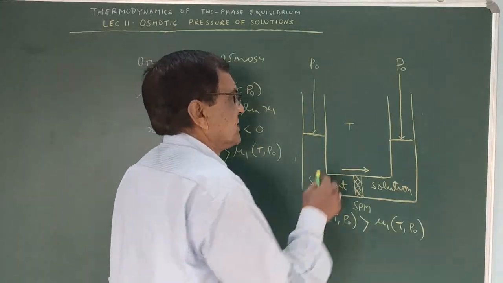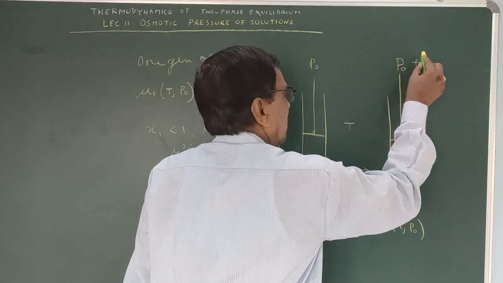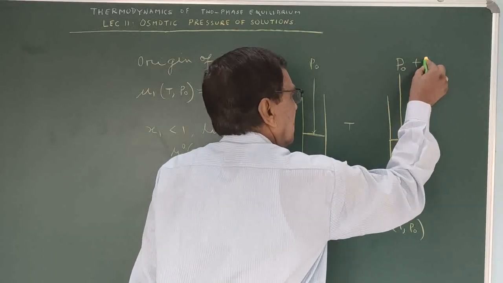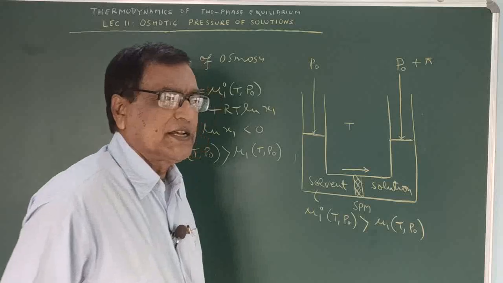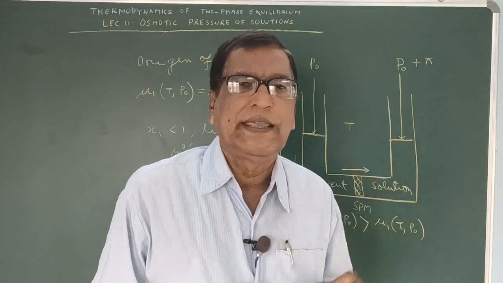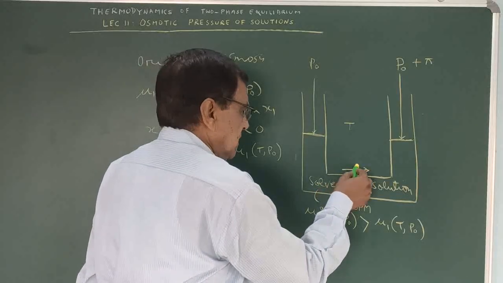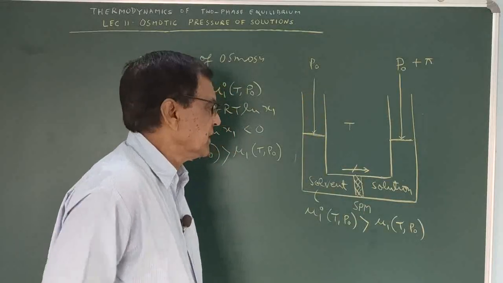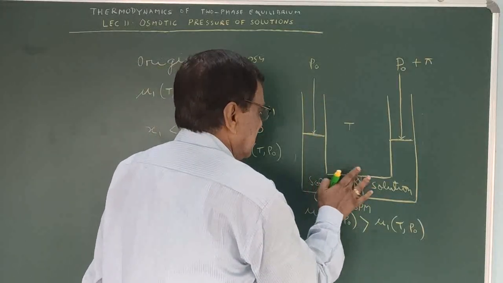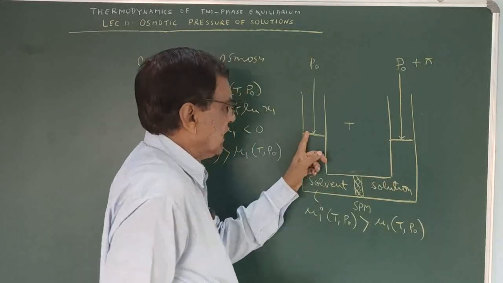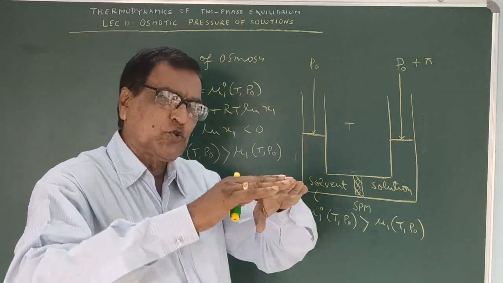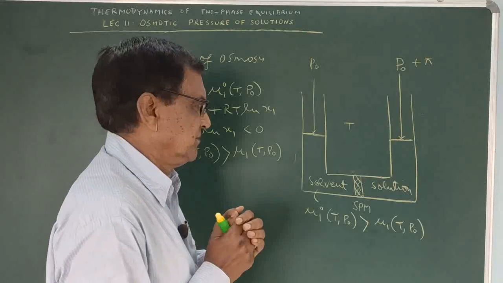If we place an excess pressure, an additional pressure, which is equal to the osmotic pressure, then this flow stops. It means the levels remain in their original position.